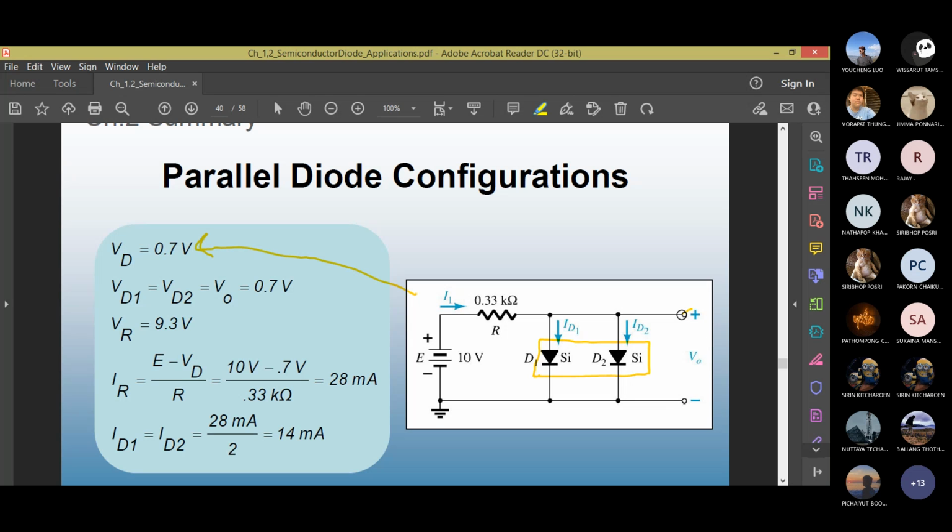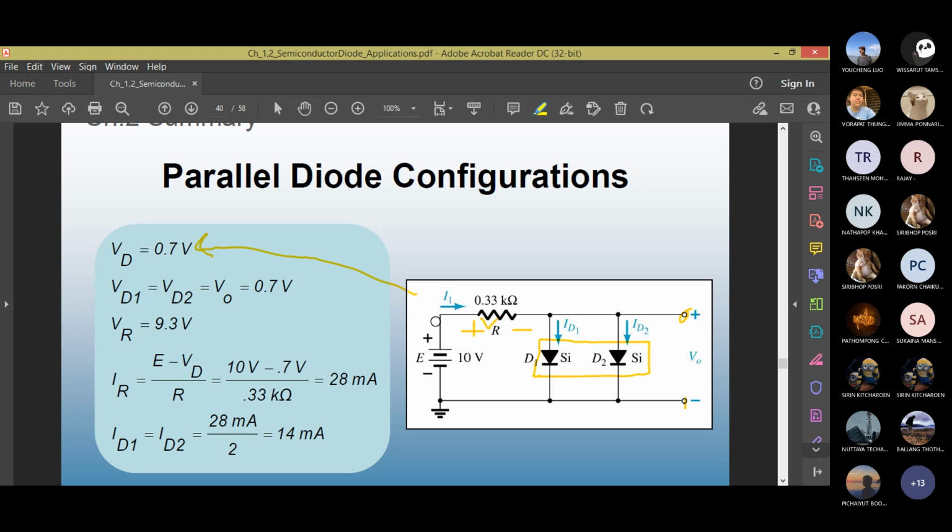You are measuring the output voltage here, plus, minus, and it is measuring across the parallel node. Therefore, the output voltage will also be 0.7 volt. What is VR? VR is here, plus, minus VR.